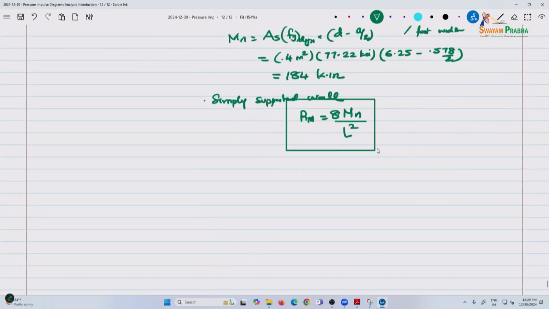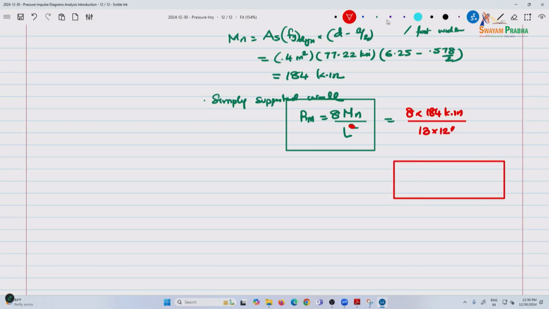So this comes to 8 times 184 kip inches divided by, sorry, L, so this is 13.